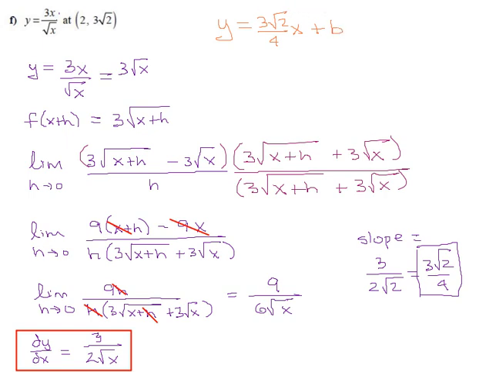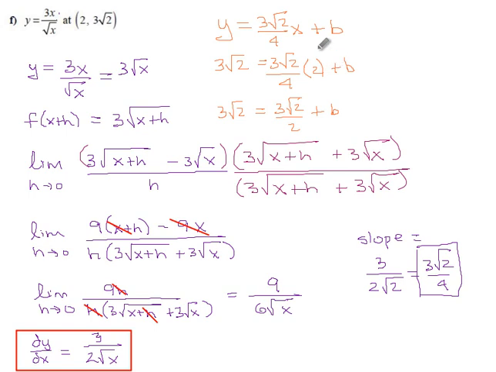If we want to find b, we know we have to go through this point where x is 2 and y is 3 root 2. 3 root 2 times 2 is 6 root 2 over 4. 6 over 4 is the same as 3 over 2. The slicker way to do that would have been to say divide this by 2, divide this by 2, but anyway, that's the result.